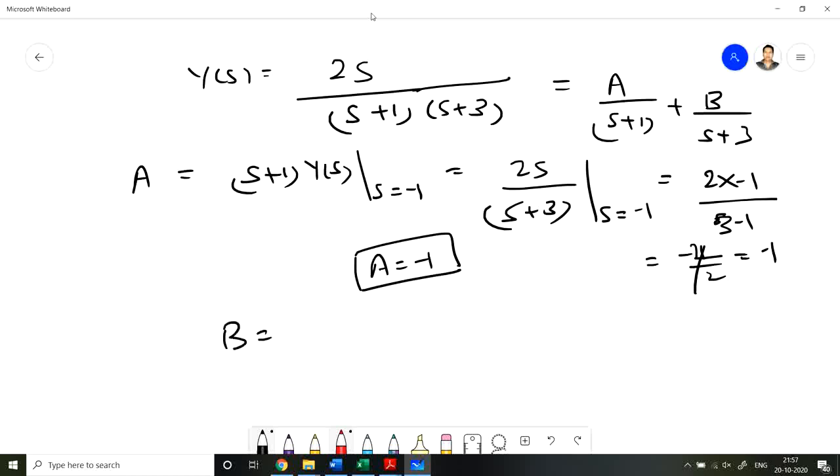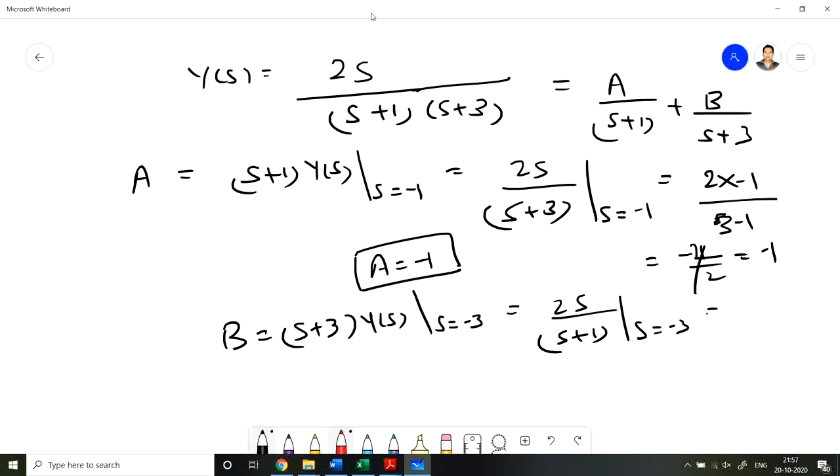Now what is B? B is s plus 3 multiplied by Ys at s equals minus 3, and it equals 2s divided by s plus 1 at s equals minus 3, which is minus 6 divided by minus 2, and that equals 3. So B we are getting as 3.